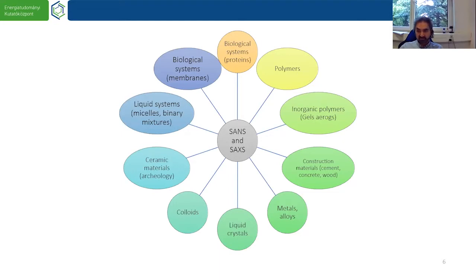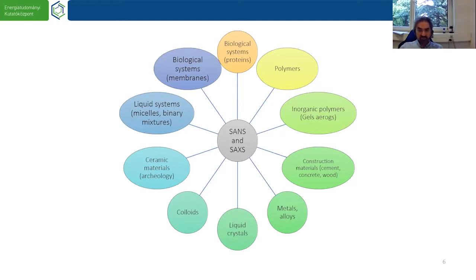If they are not solid, but are, for example, dissolved in solution, then they form entities or globules which are again of this interesting size between a few nanometers to hundreds of nanometers. Polymers can be inorganic polymers, for example silica and silica gels, and silica xerogels and aerogels are again structured at the nanometer length scale, and can be very well studied by small angle scattering.